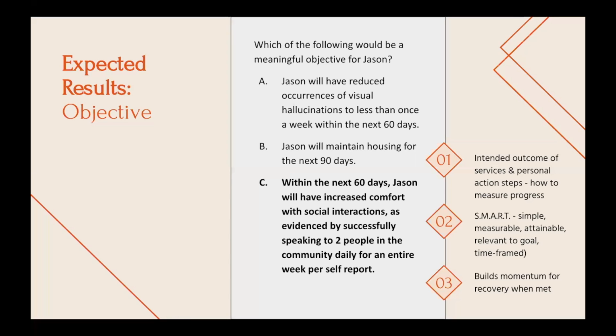So I think based on the three options, C is the strongest. It's the short-term outcome that would build the most momentum toward his vision of recovery. So each of these aren't too far off the mark, but C, I believe, is the strongest.